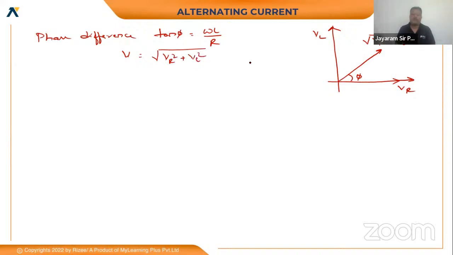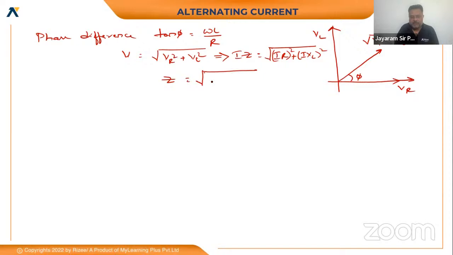Since both of them are in series combination, the same current will be flowing. So I into Z is equal to root over I into R whole square plus I into XL whole square. If I cancel the I, then the formula for the impedance is Z equal to root over R square plus XL square.